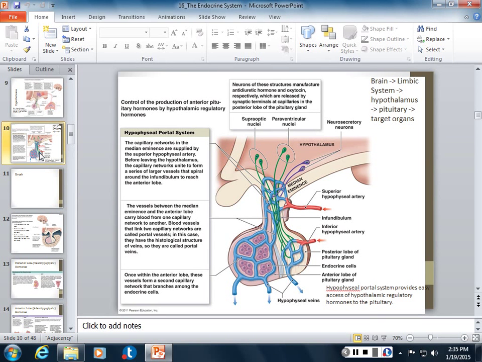This is glandular, right? Adenohypophysis. Right? So adeno means gland. So we have the adenohypophysis in the front and the neurohypophysis in the back, which is a good lead-in to where we're going to start today.